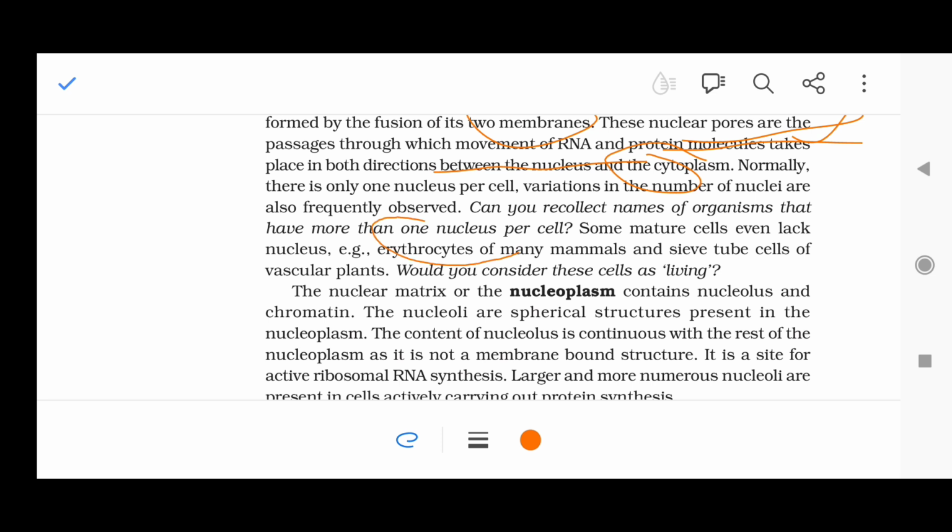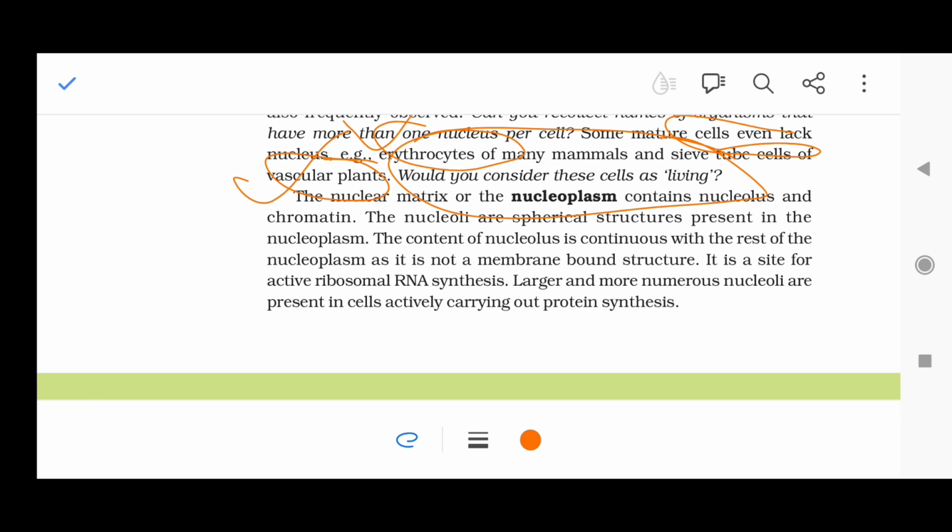The most common example is the erythrocyte, in which nucleus is absent in mature stage. The sieve tube cells of vascular plants also lack a nucleus. So would we consider these cells living? RBC definitely is a living cell. No doubt in mature stage nucleus is absent in RBC.